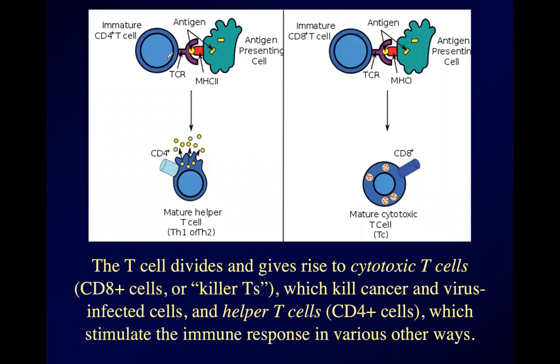And that T cell gives rise to two different populations of cells, cytotoxic Ts and helper Ts. Cytotoxic Ts, otherwise known as CD8 cells, those are what go after virus-infected cells.